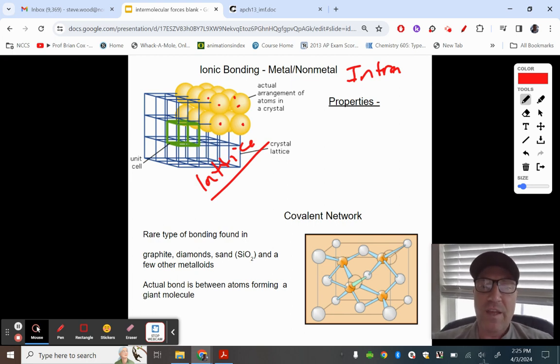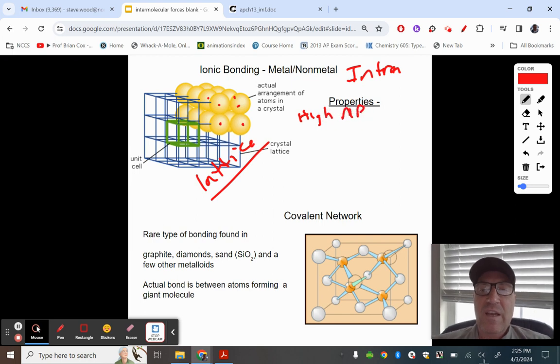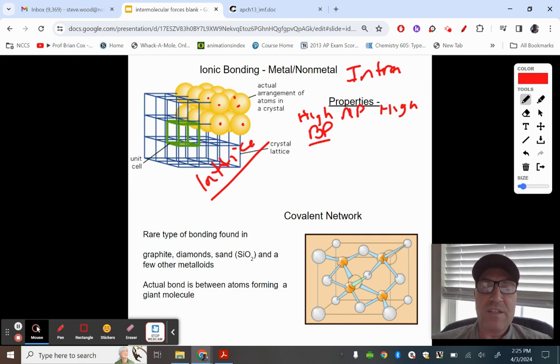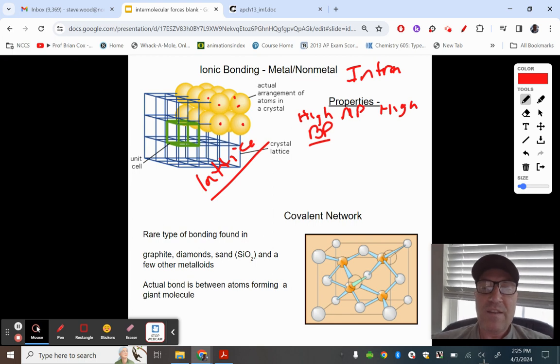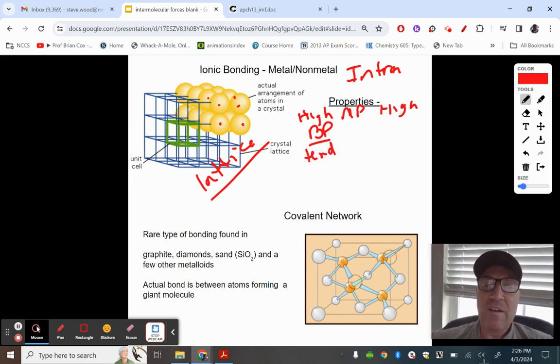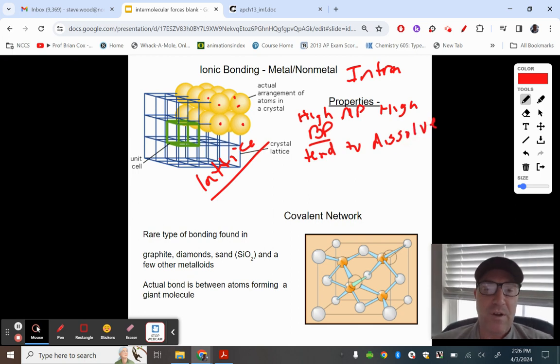So first off, they have high melting points and high boiling points. Just think, salt doesn't easily melt. Now you can dissolve it, and all salts and ionic substances tend to dissolve in water because they're made of charged particles.